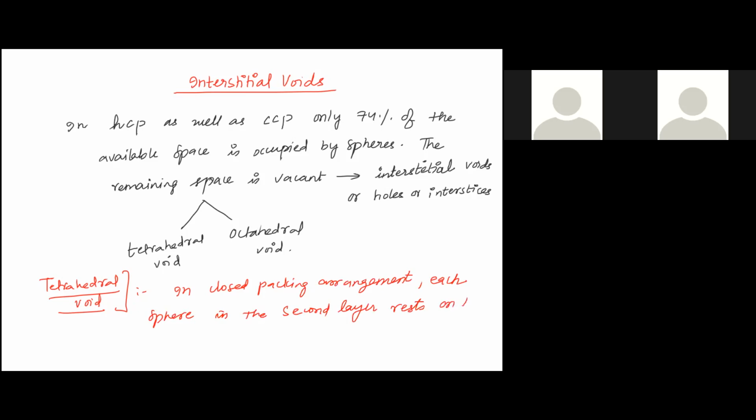It actually rests on the hollow space. I showed you now, there was a triangular space. That is a triangular void. So it rests on that hollow space in the 3 touching spheres of the first layer.